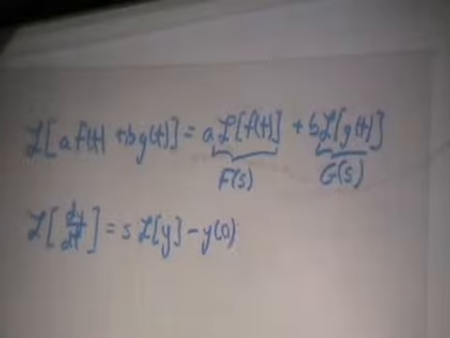A very important property that we ended up using in section 6.1 is the fact that the Laplace transform of a derivative, which I'll write with Leibniz notation, where y here is a function of t, the Laplace transform of dy dt is s times the Laplace transform of the function y, again being a function of t, minus the function value at 0.